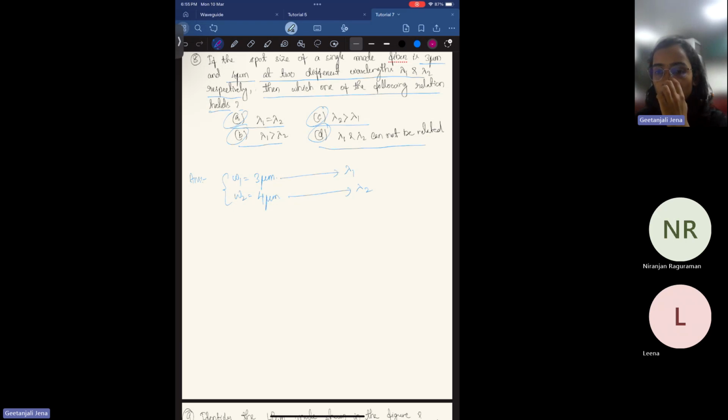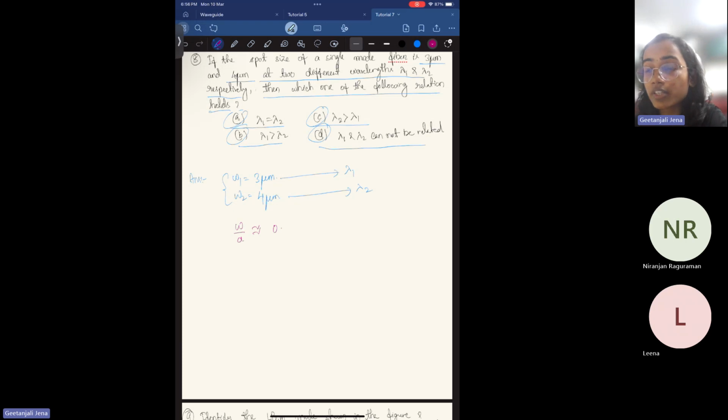One relation we already know is W by A. Spot size depends on the core radius A. It also depends on the V parameter of the fiber. If the V parameter is high, then the spot size would be low.